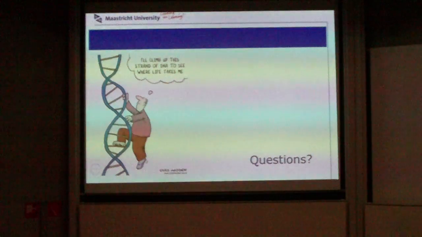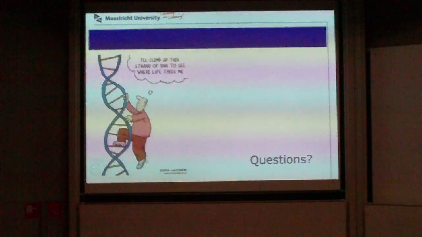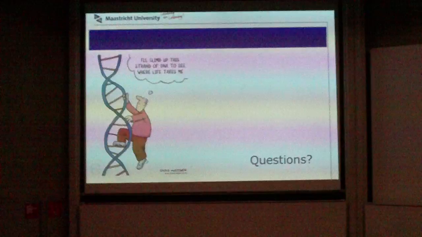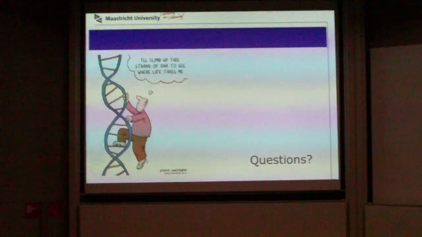So, if you climb the ladder of your DNA, if you try to understand what's going on in the genes, in the modifications, in combination with environmental exposures, you actually need not just a DNA ladder, but also insight in your cultural, environmental, peer group pressure, then you may find out where your life is taking you. Okay, that's what I wanted to say in a general introduction on predisposition and particularly on cancer.